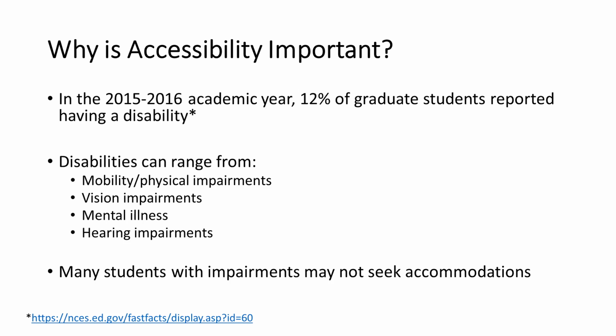These disabilities can range from mobility and physical impairments, visual impairments, mental illness, or hearing impairments, among others. Many students who have impairments may not seek accommodation, but it's still our responsibility as educators to be compliant with the law and to make sure that all students have the same learning experience.